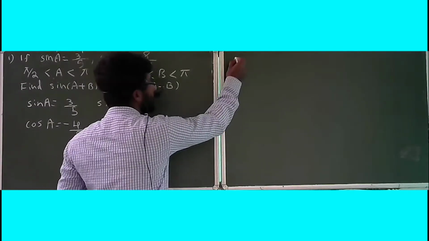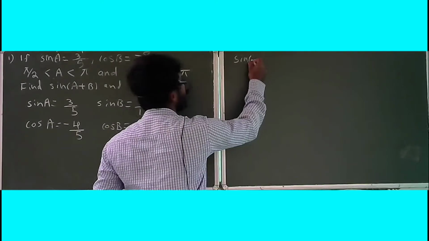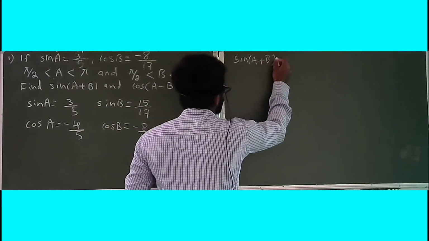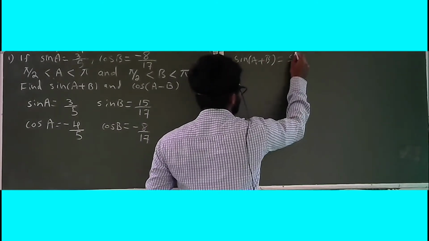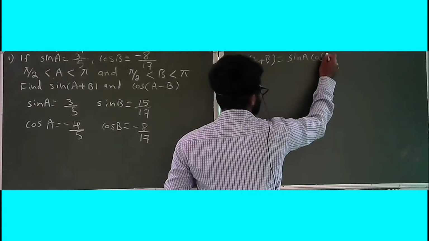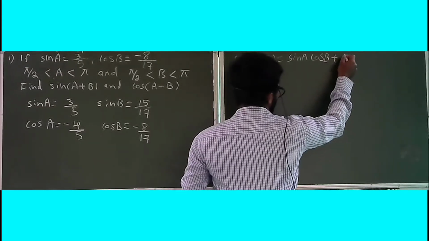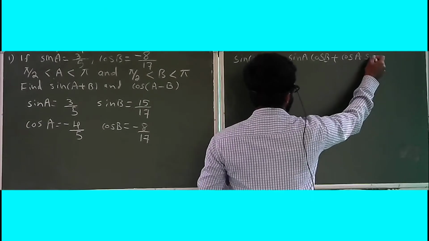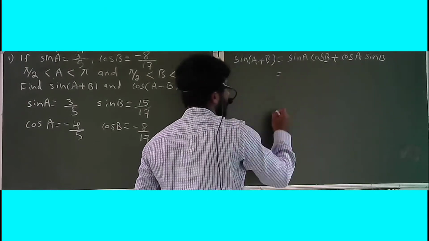The first question is sin of A plus B. Here I'll write sin of A plus B. What's the formula? Sin of A plus B is equal to sin A cos B plus cos A into sin B. Now substitute the values.